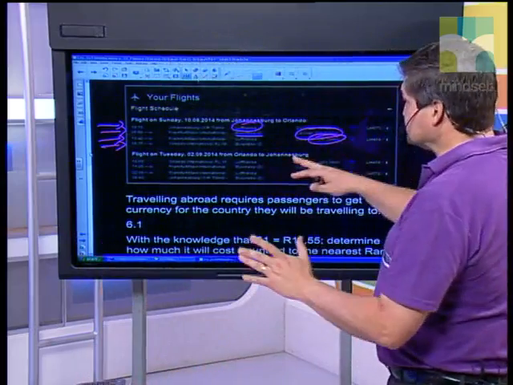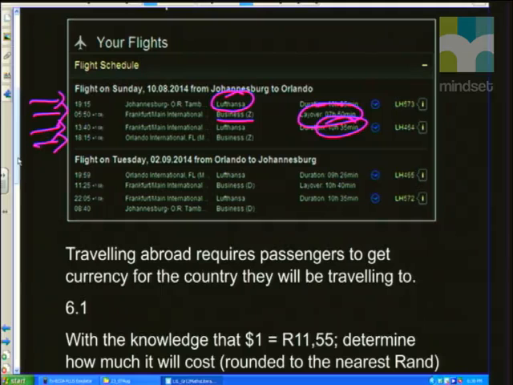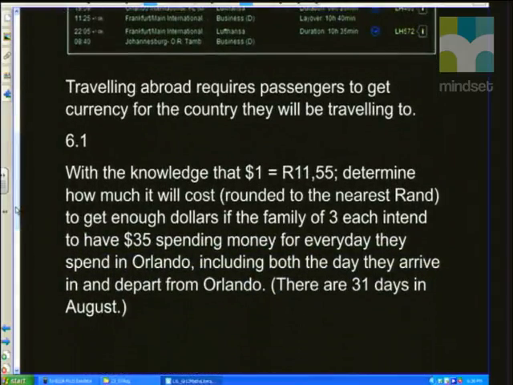This is what we must look at. When we come back, we're coming back on the Tuesday, the 2nd. We're leaving on Sunday, the 10th of August, coming back Tuesday, the 2nd of September. Why is that important? Let's look at this question. Traveling abroad requires passengers to get currency for the country that they'll be traveling to.